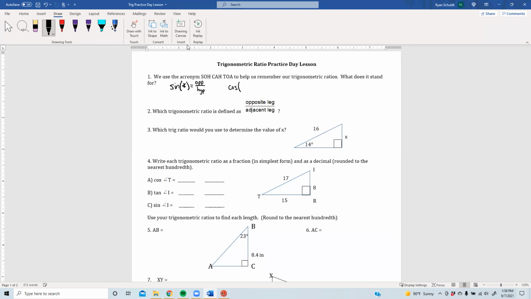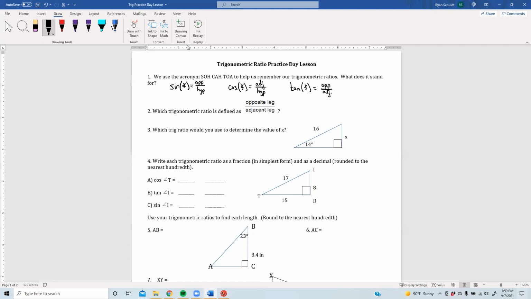The cosine of an angle is the adjacent over the hypotenuse. And the tangent of an angle is the opposite leg divided by the adjacent leg. That's what Sohcahtoa is short for. It helps you to remember your trig ratios.